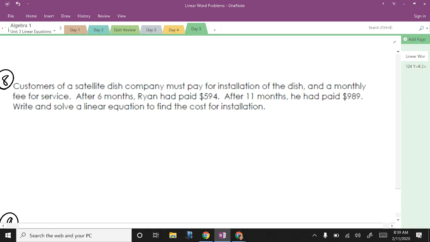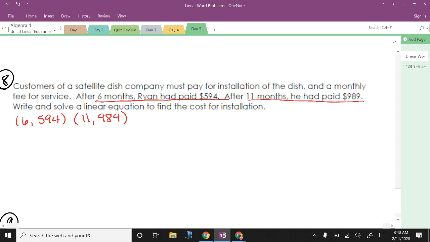Write and solve a linear equation to find the cost for installation. Now, what did they give me here? Yeah, this is an ordered pair, right? And this is an ordered pair. So write them down. Yeah, we're going to have to do that stuff, aren't we? Yep, so 6, 594 and 11, 989. 2 points.